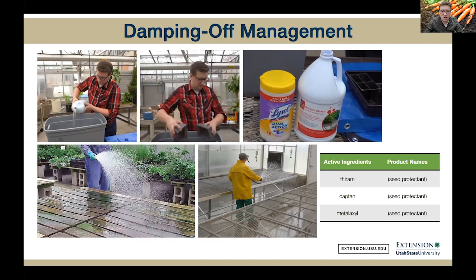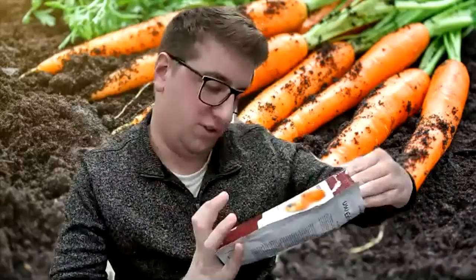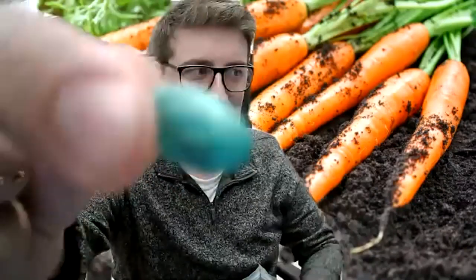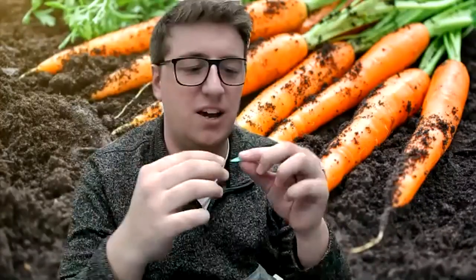And then in that little chart, you can actually buy seeds that are treated. I'll show you guys. These ones I bought from Harris, and they're actually blue. So that's kind of cool. They're treated with something called thiram, which is like a fungicide.